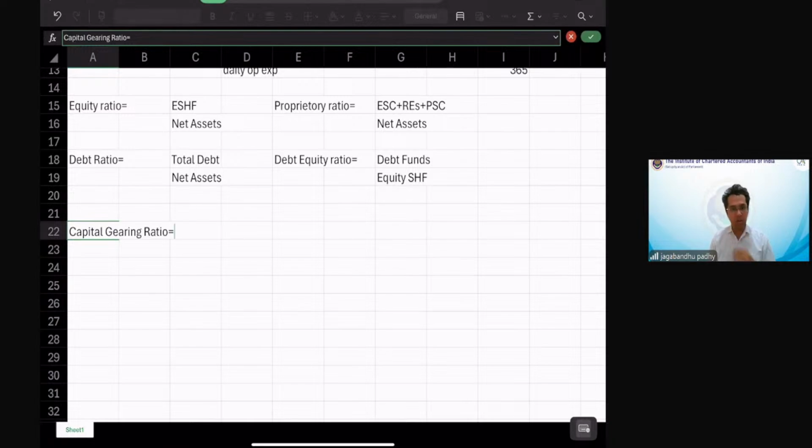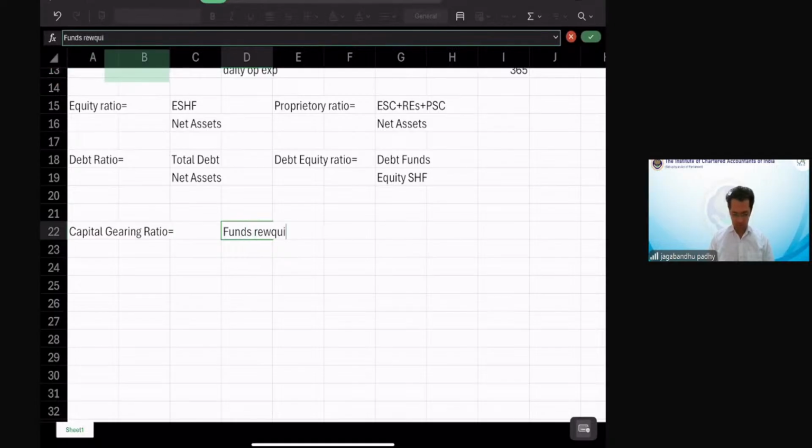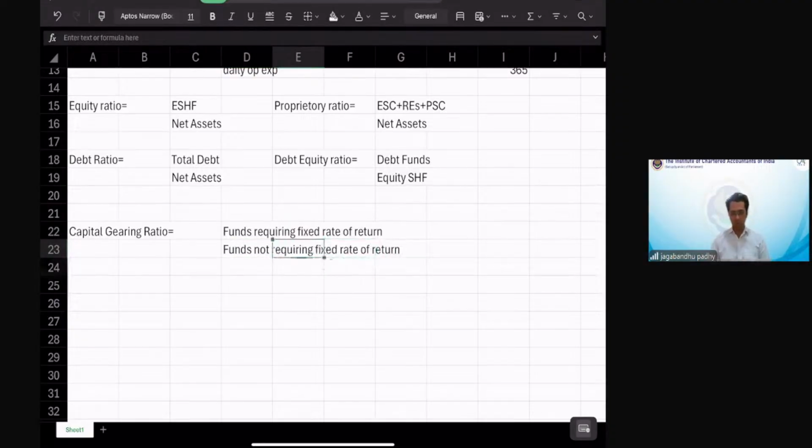Capital gearing ratio will be funds requiring fixed rate of return upon funds not requiring fixed rate of return. Now, which are the funds that require fixed rate of return?